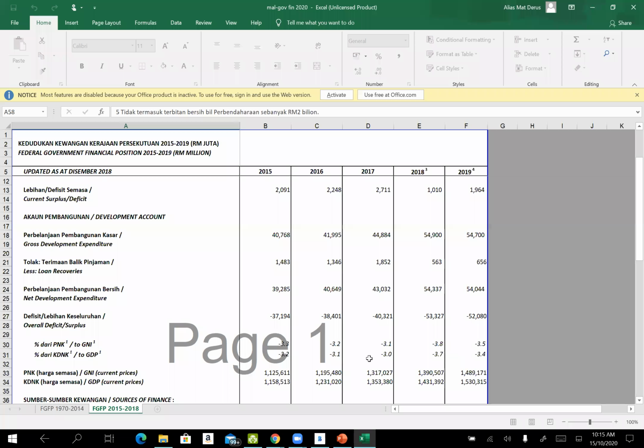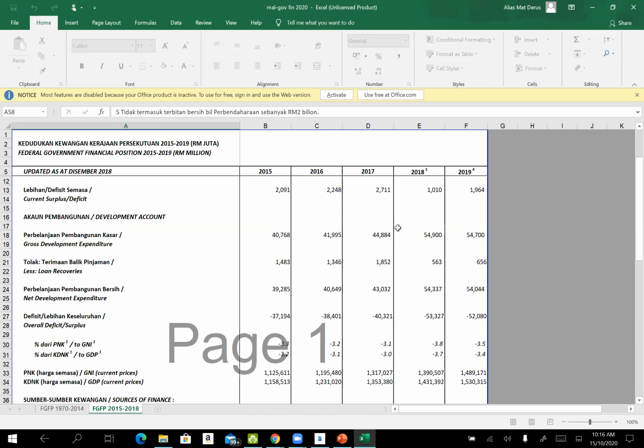At the end of his tenure, we managed to bring it down to 3%. But after that it goes up again due to some reasons.